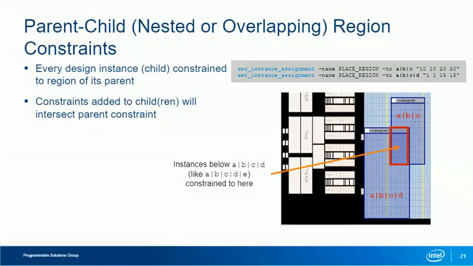However, since the two regions overlap, any child instances of ABCD are constrained by only ABCD's parent. Thus, logic such as ABCDE would be constrained to the intersecting region. Be aware of this when recreating your floor plan with Logic Lock regions in the Pro Edition software.